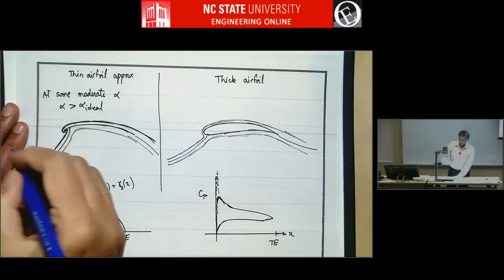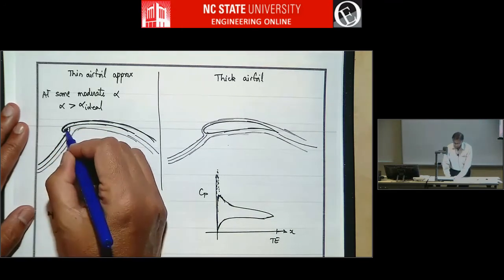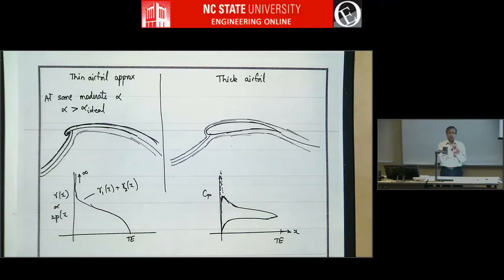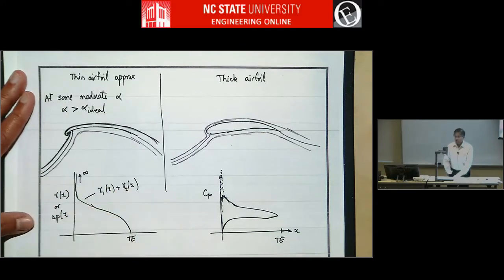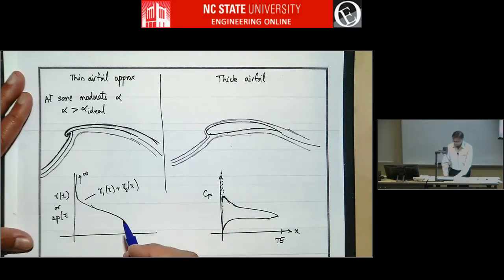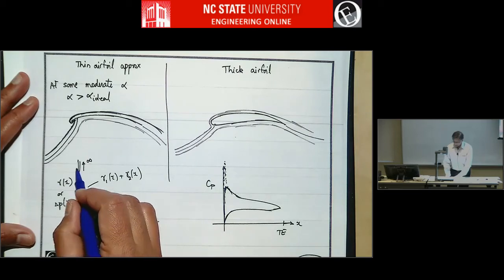They will go on the lower surface, and then go around this leading edge, right? And when you make the flow go around a sharp corner in potential flow, that gives rise to an infinity in the velocity, or in the vortex sheet strength, or in the pressure difference, or any of those things. So that's why the thin airfoil theory solution gives this infinity here.